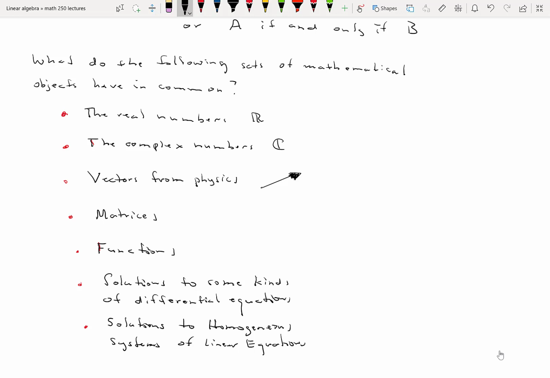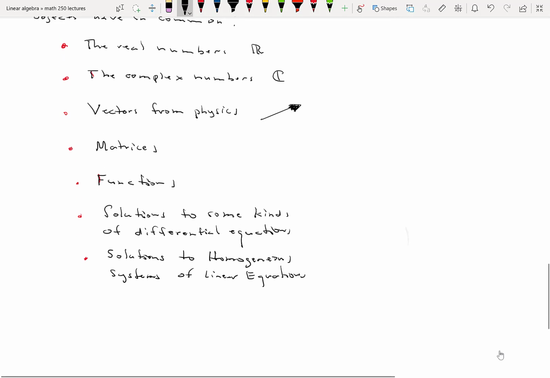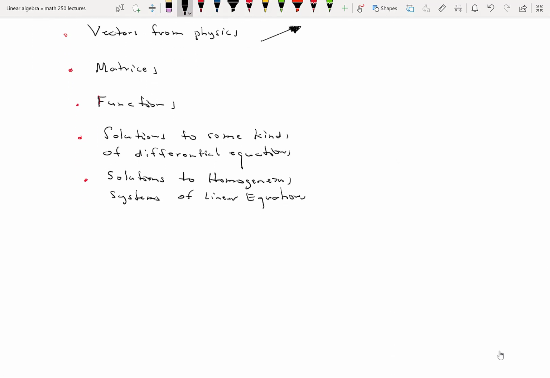In fact, these quantities have eight things that they all have in common. I'm jumping the gun. The answer: they are all called vector spaces.